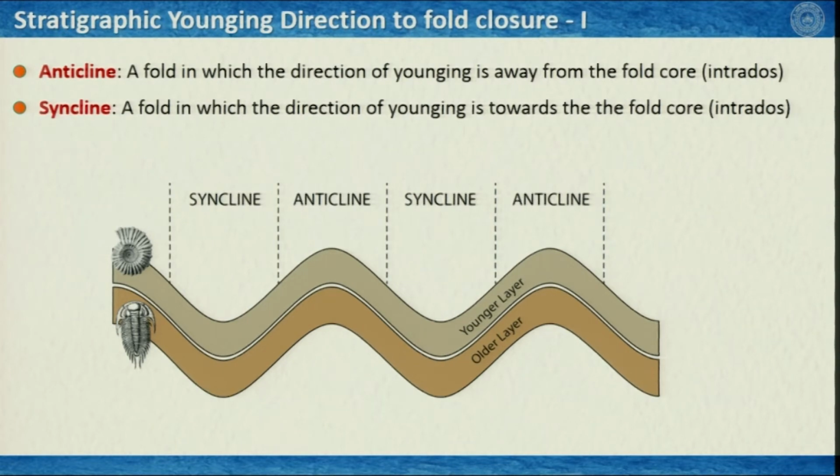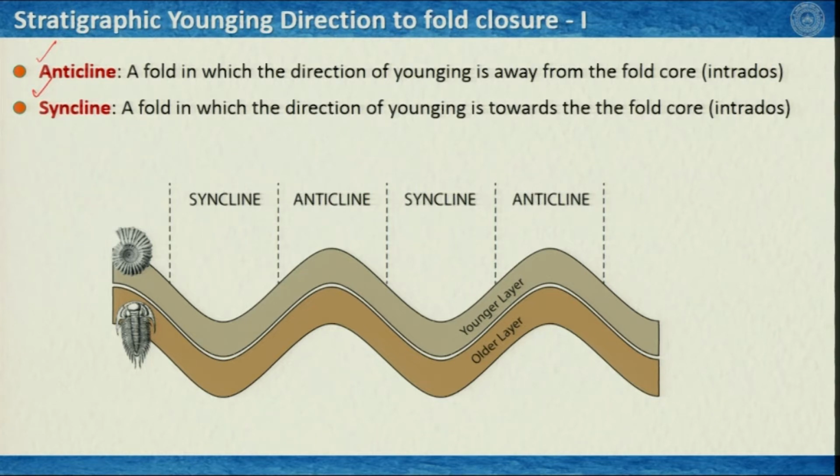Now the stratigraphic younging direction of the fold closure. Here we have terminologies to take into account the stratigraphy of the folded strata. Those are written here: anticline and syncline. These are only restricted to the form surfaces defined by sedimentary layers, because other form surfaces like veins or foliations are not really included in describing anticlines and synclines.